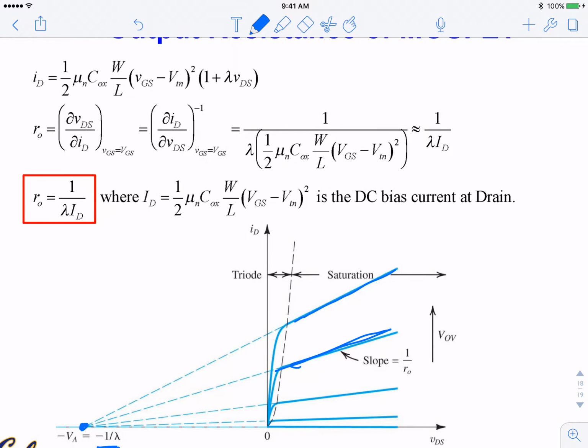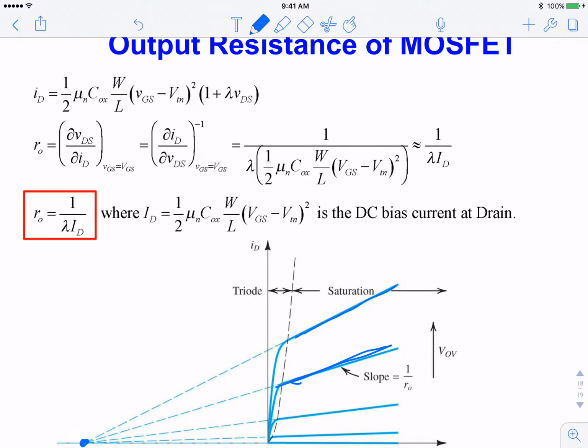Now, if you include this in your DC bias solution, you'll be solving a third order or fourth order polynomial. So in hand calculation, solving DC problems, usually you don't use this term. You leave that to Cadence, leave that to Spice.